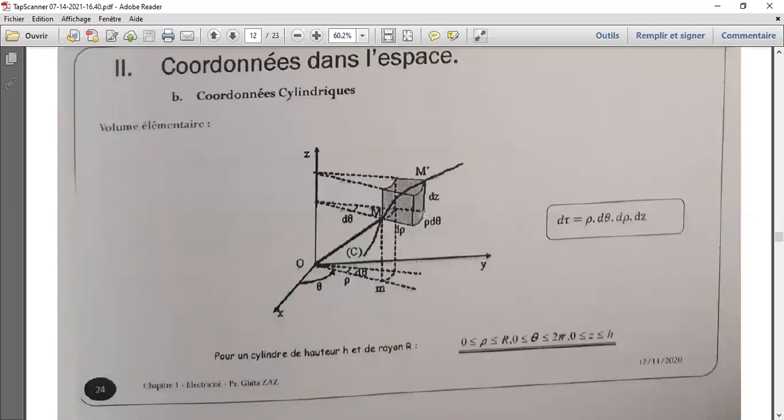I can call this point K. Then from K, going up to my final point M prime, I only change z, which is dz. So rho d theta is just a change of the angle where the radius remains constant. I don't know if it's clear.